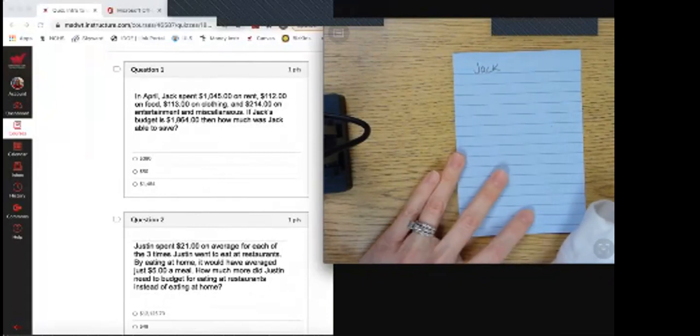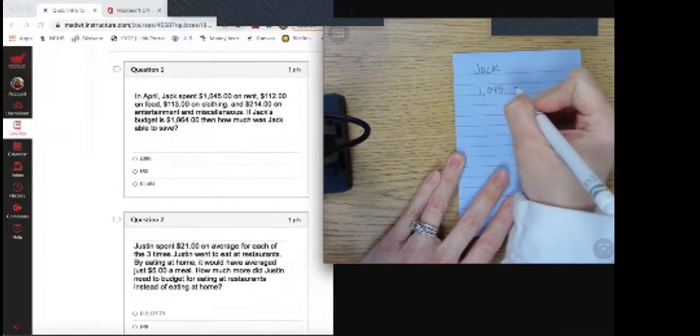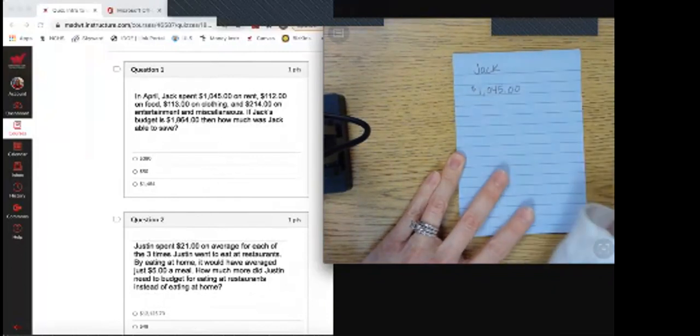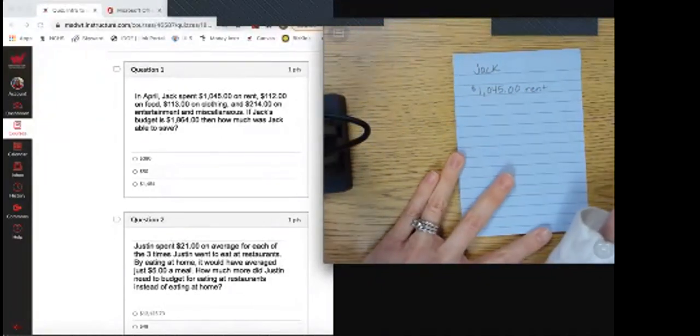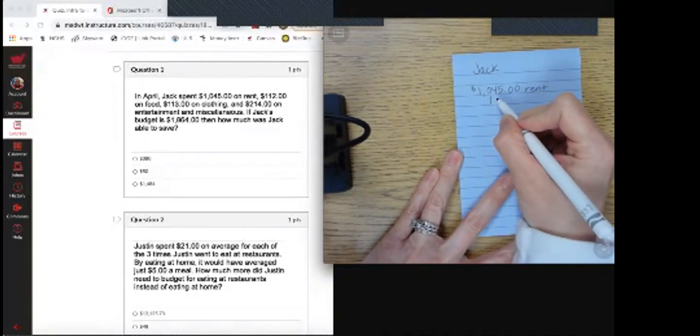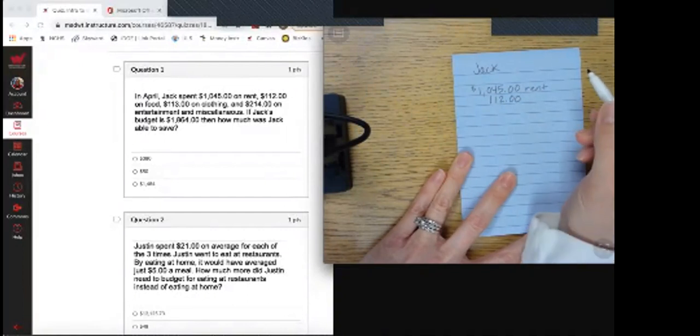It says that he spent $1,045 on rent. $112 on food.